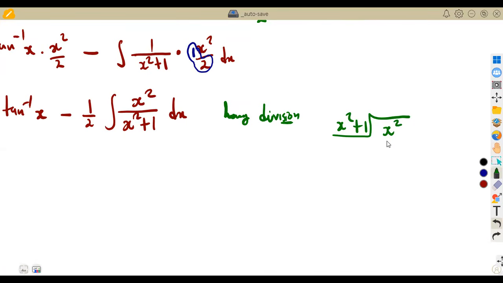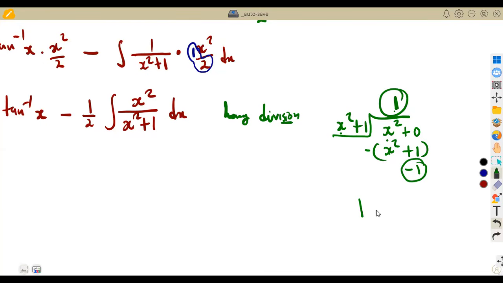X squared divided by x squared is 1. Remember, from your long division, you multiply back: 1 times x squared is x squared, 1 times 1 is 1, which we subtract. X squared minus x squared is 0, and 0 minus 1 is minus 1. So after dividing, we are getting a 1 and a remainder of minus 1.